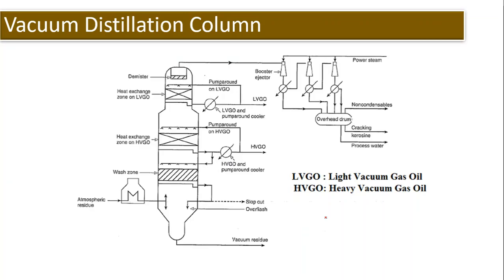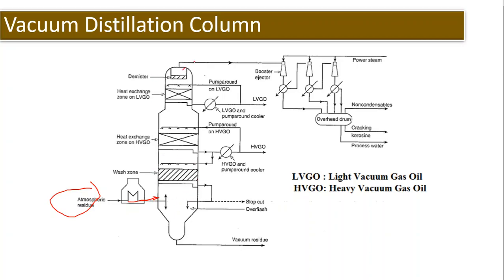This is a basic image of the vacuum distillation column, where the residue feed is going in with the help of a furnace. You have to heat the residue up to a higher temperature, and then it is sent into the column.